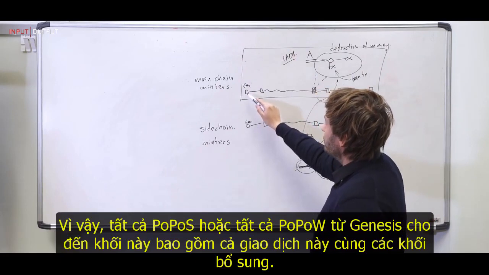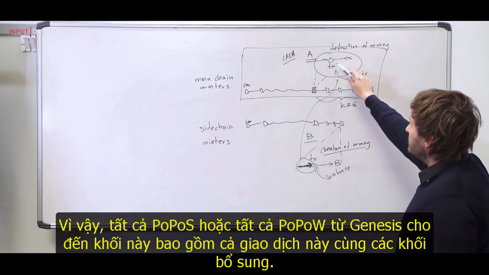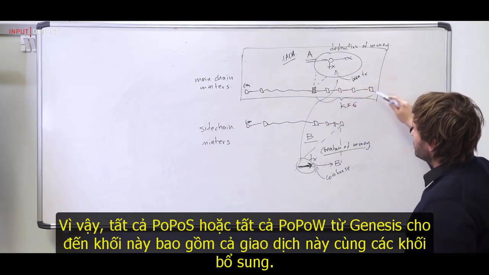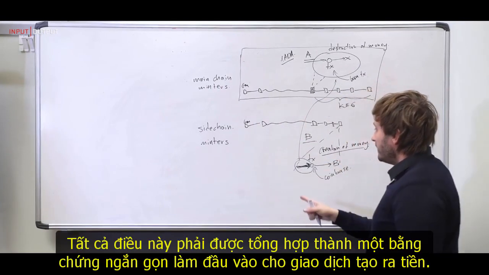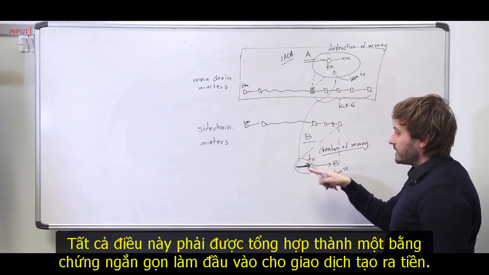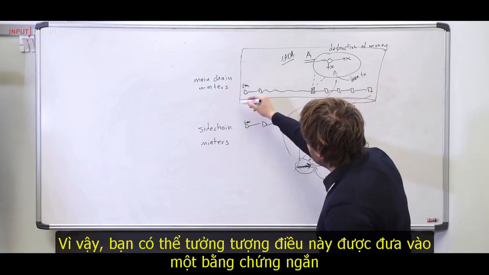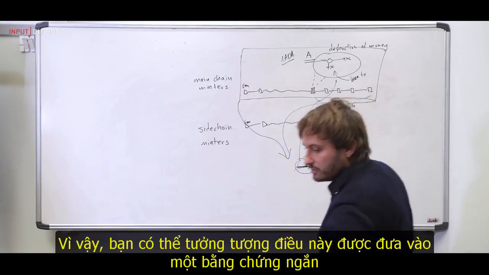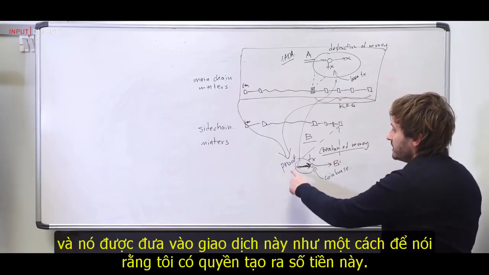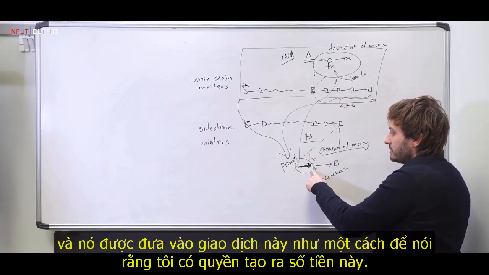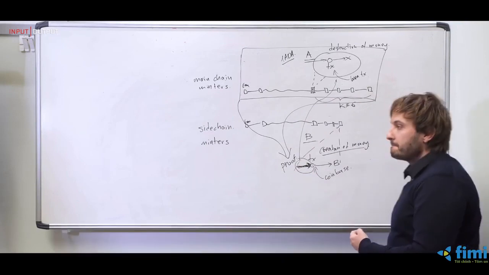So all the proof of stake, or all the proof of work from Genesis up to this block, and including this transaction and these extra blocks on top, all this has to be collected into a short proof that this input into the Coinbase transaction is a rightful creation of money. So you can imagine this being sucked up into a short proof. And this proof is put into this transaction as a way to say that I have the right to create this money.